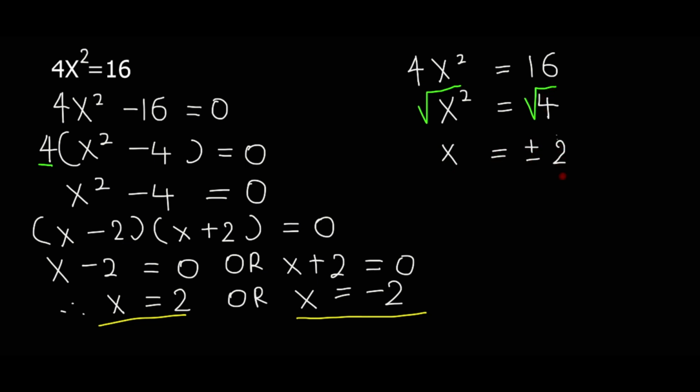Square root of 4 is 2, and any number that comes from a square root is plus or minus. Now we have two solutions. We have x is equals to 2 or x is equals to minus 2, so it's the same thing.